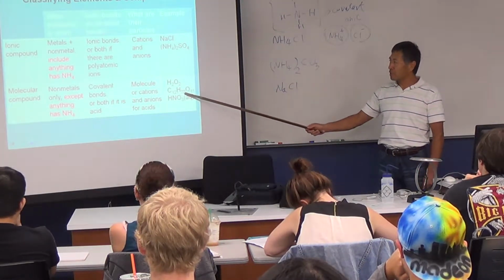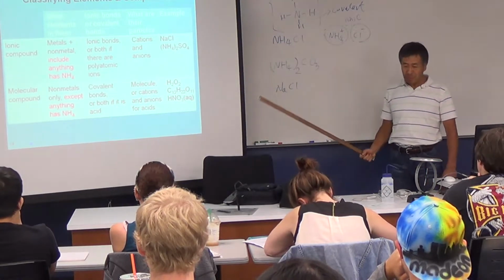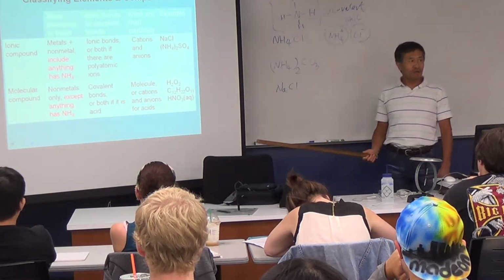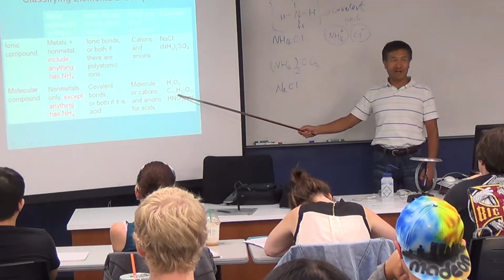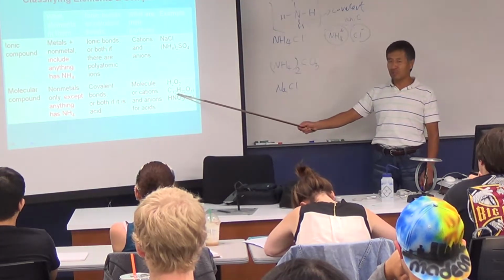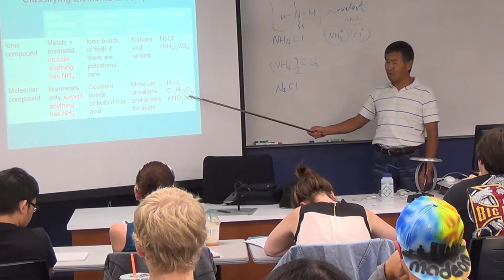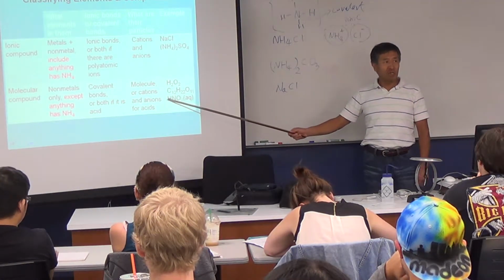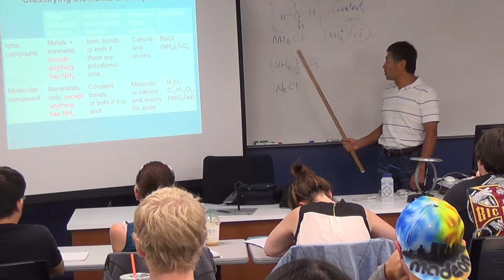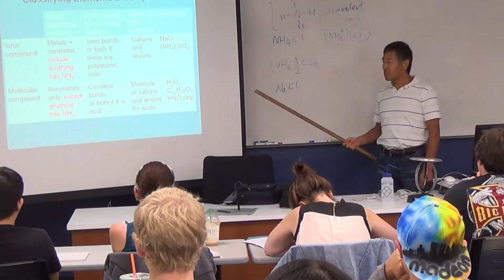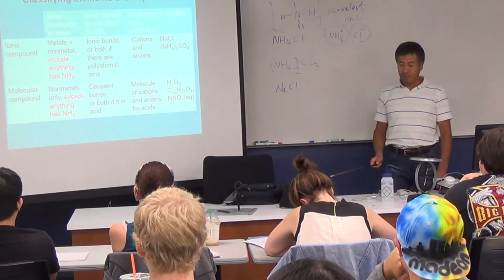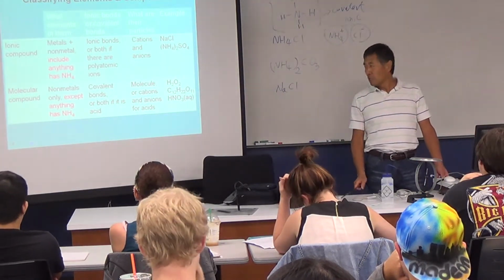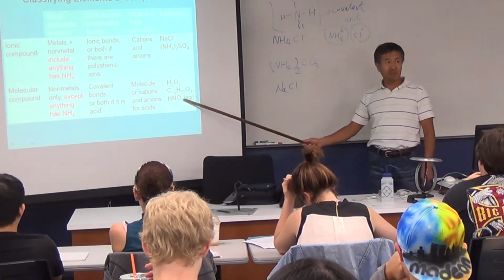The other one is sucrose, a disaccharide with the formula C12H22O11. Everything here is nonmetals, you don't have ammonium in it, and it's not an acid, therefore it's a molecular compound. Acids we're going to study in more detail.